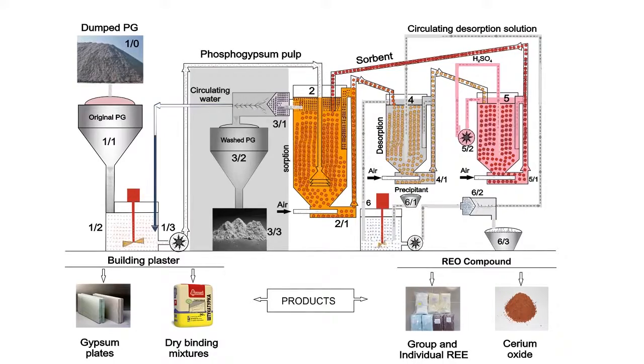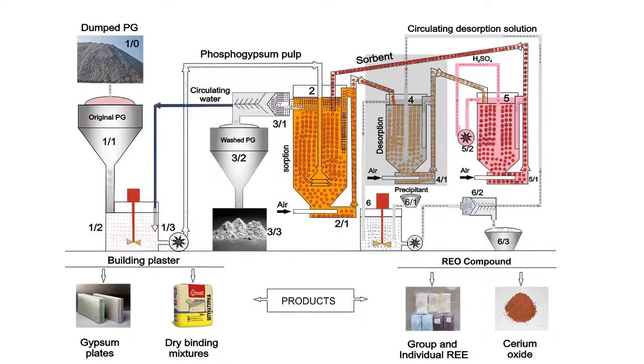In this step, washed gypsum plaster, position 3-3, is obtained, which first accumulates in the hopper, position 3-2, and then is directed to produce gypsum binder and products thereof: construction dry mixtures, gypsum partition boards, plasterboard, etc. Circulating water is directed to the repulping stage of phosphogypsum in position 2.